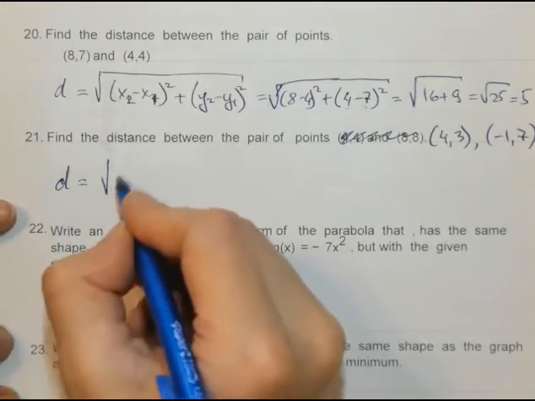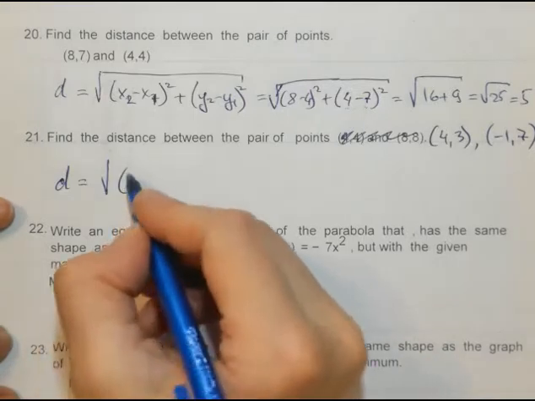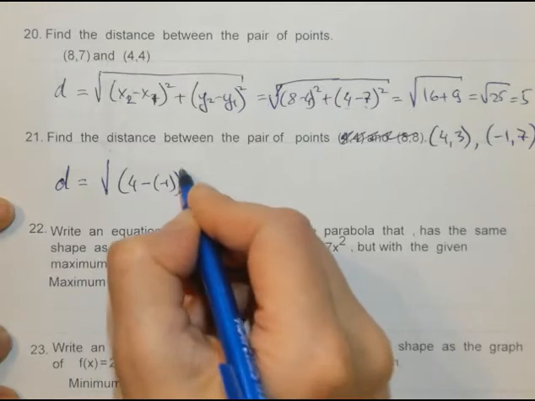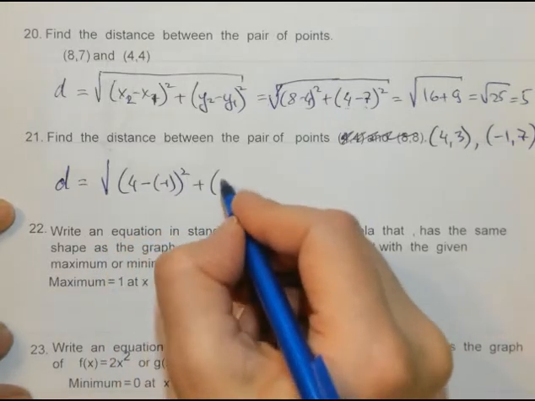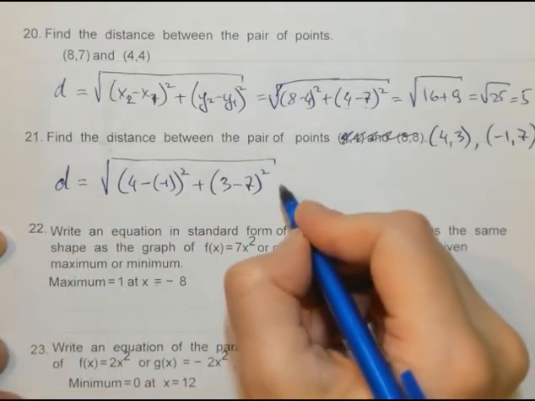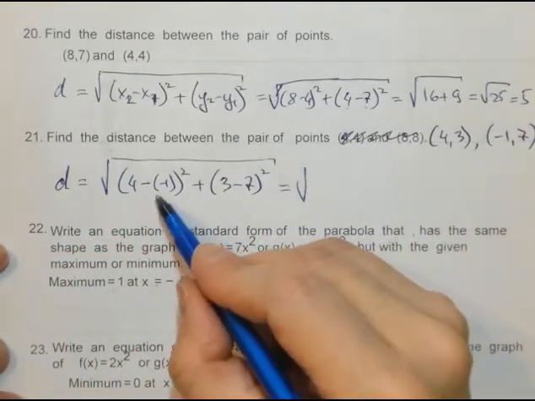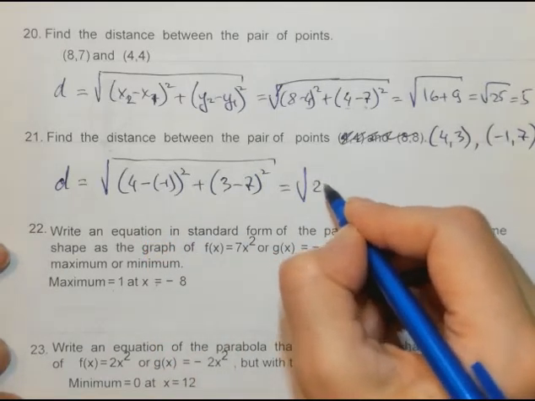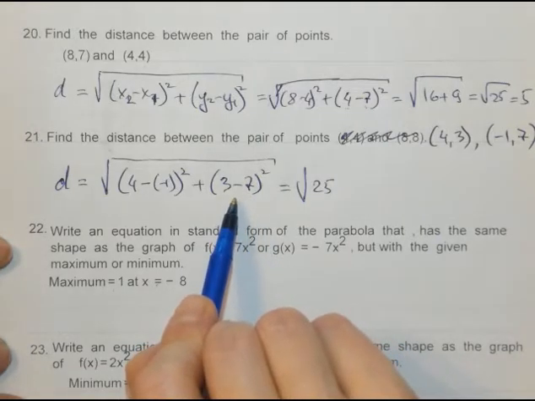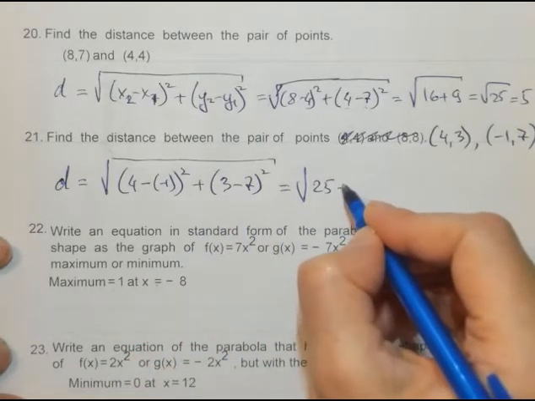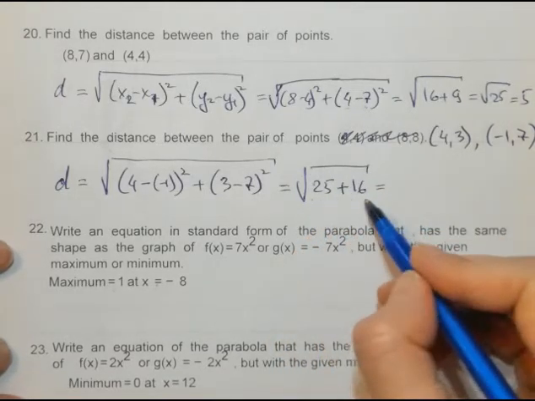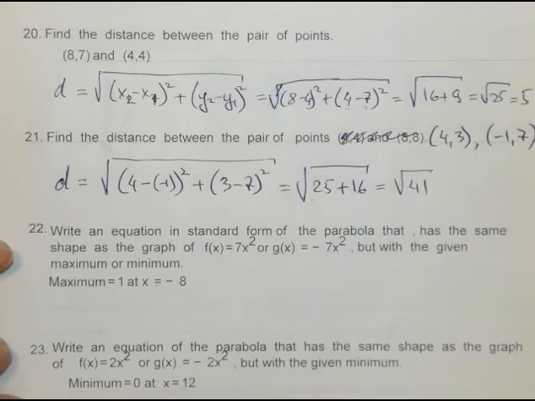Distance is the square root of the difference of x components, 4 minus -1, squared, plus 3 minus 7 squared, the difference of y components. 4 plus 1 is 5, 5 squared is 25. 3 minus 7 is -4, -4 squared is 16. 25 plus 16 is 41, so the square root of 41.